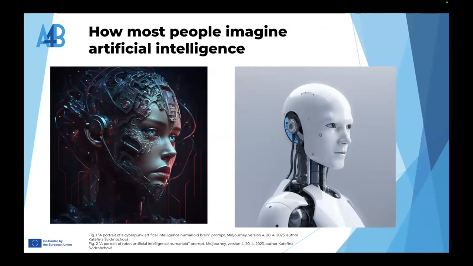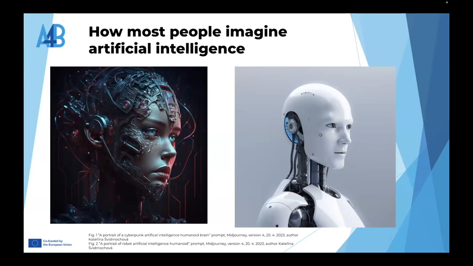How most people imagine artificial intelligence. As you saw in Mentimeter, some of you, when we think about AI, imagine some robot or some really cyberpunk beautiful female with some wires around the head.